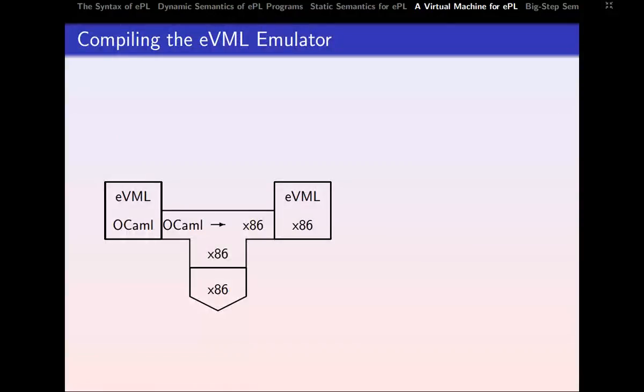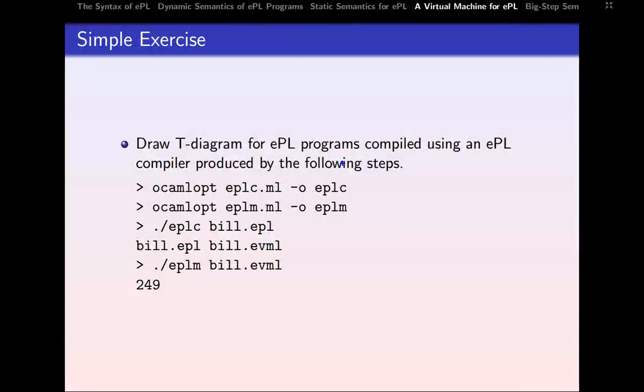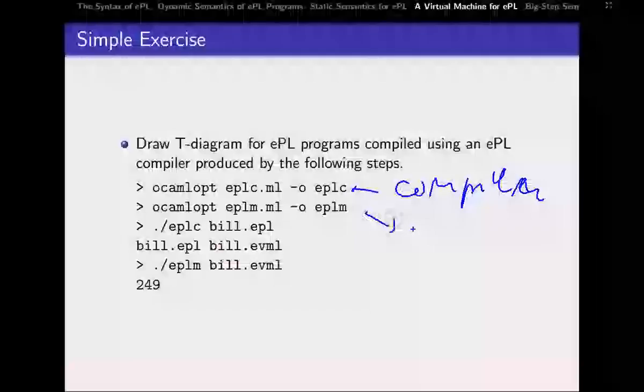If we were at the Unix prompt or at a shell prompt, and we had our compiler as eplc.ml, we could compile it with the first command to obtain the compiler, and this would be the emulator.